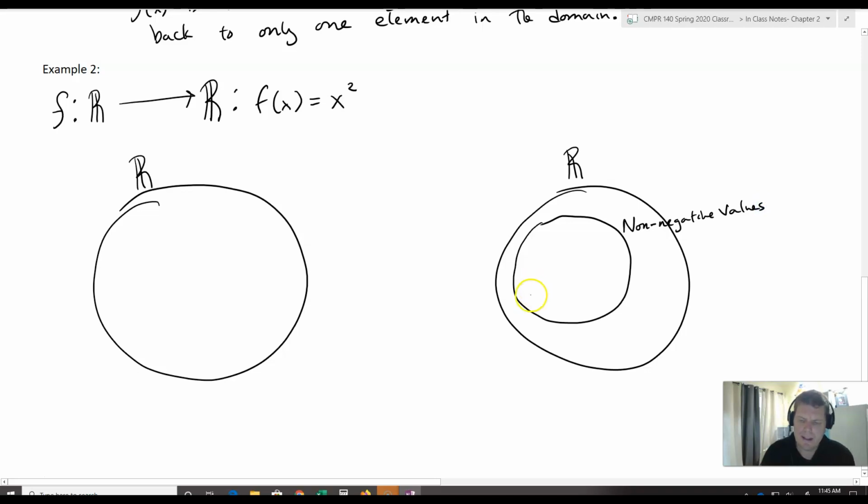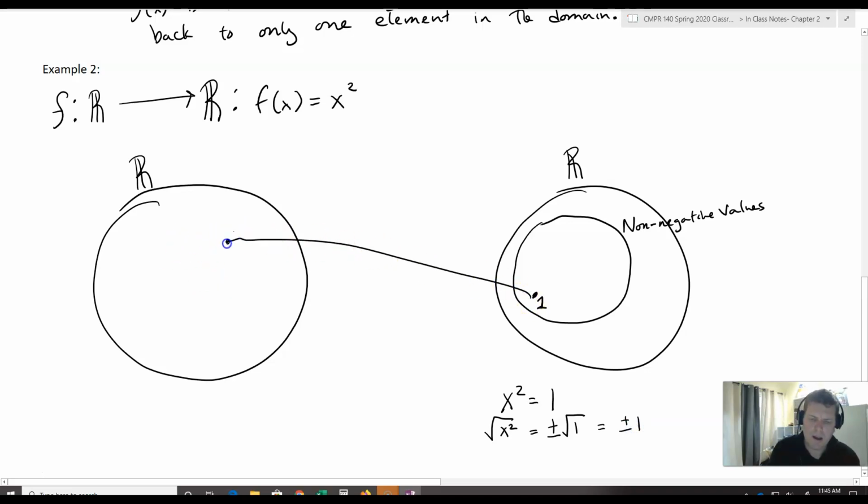And let's imagine that let's say, for example, I take the number 1. I know that if the number's negative, it's not going to map back to anything over in the domain, so consequently I'll take 1. So x squared equals 1. And then I'm going to take the square root, and that's going to equal plus or minus the square root of 1, which is plus or minus 1. And so consequently, what I get is that 1 maps back to 1 and 1 maps back to negative 1.